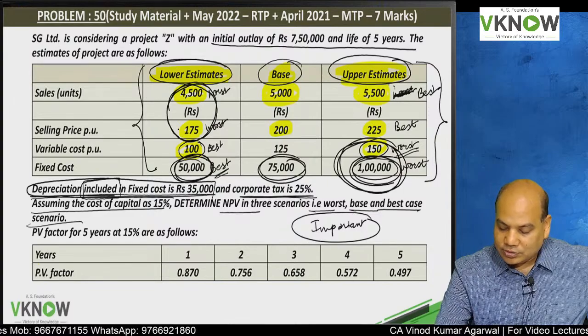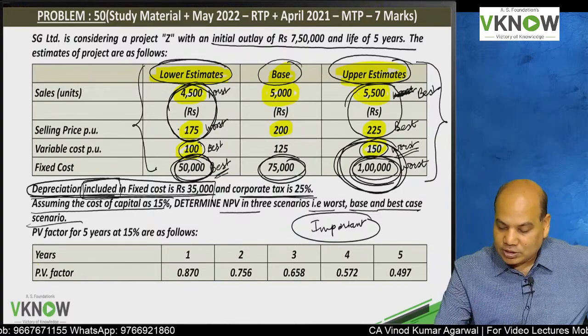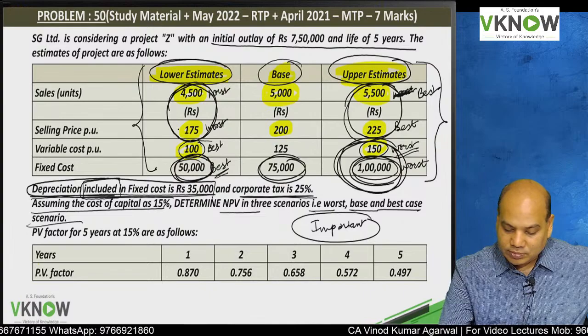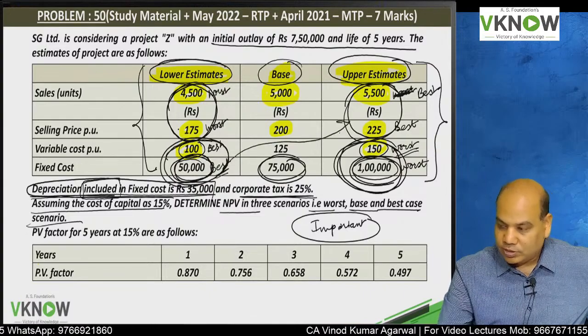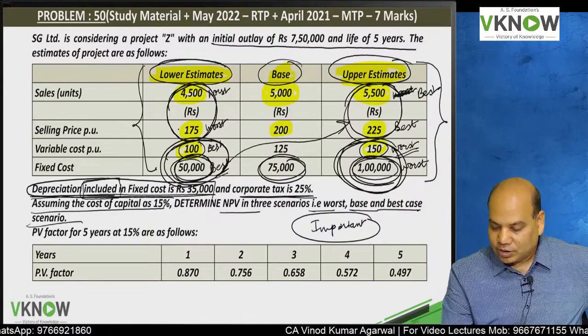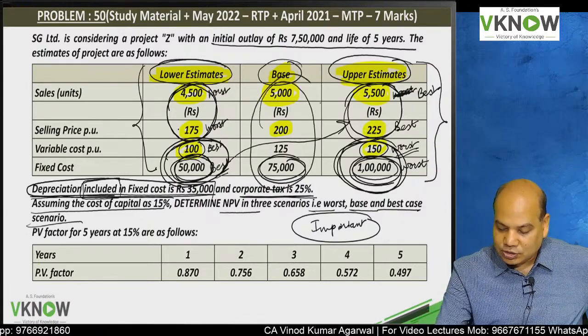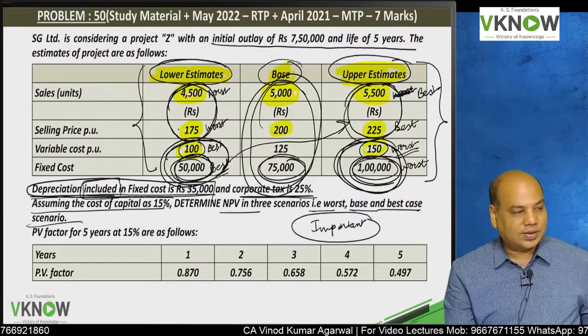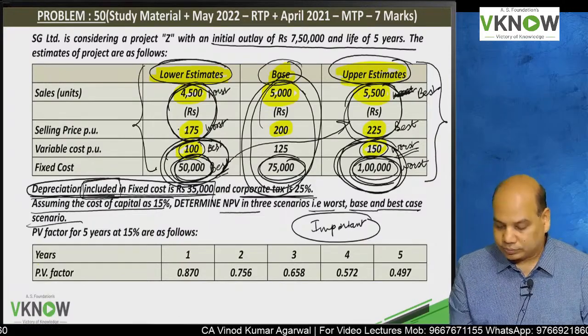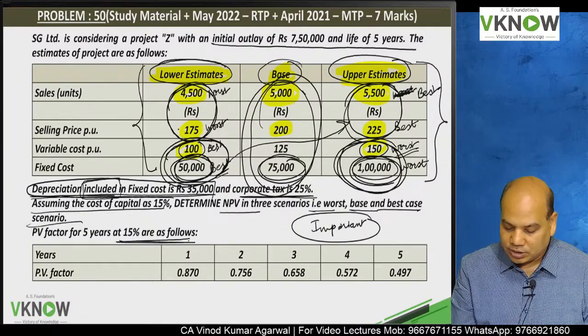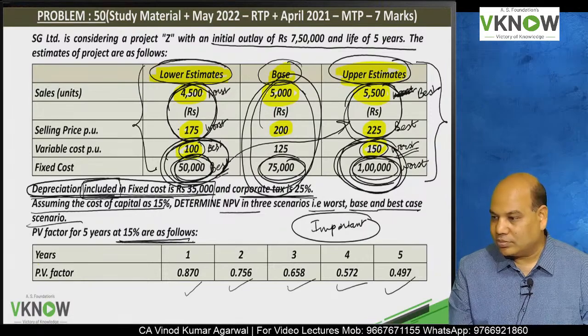Similarly, in best case, selling price and sales quantity you will take from here, and variable cost and fixed cost you will take from here. So that much care you have to take. As far as base case is concerned, there is no problem. You will take the same data given to you. PV factor is given at 15% as follows, and you can use them if you need them.